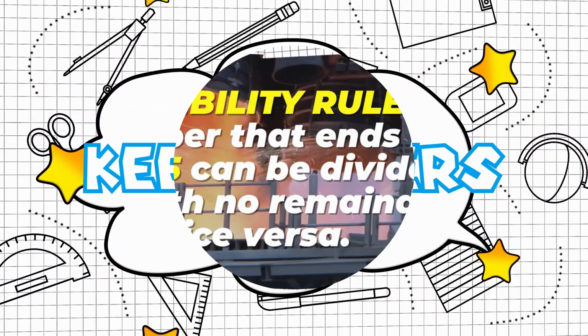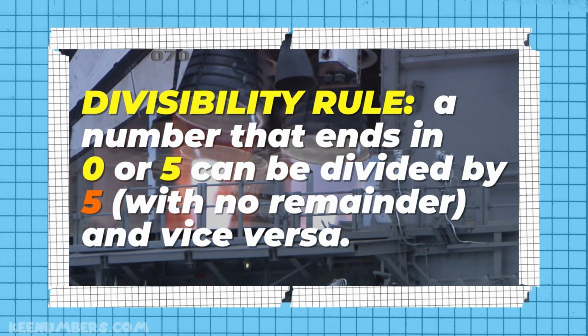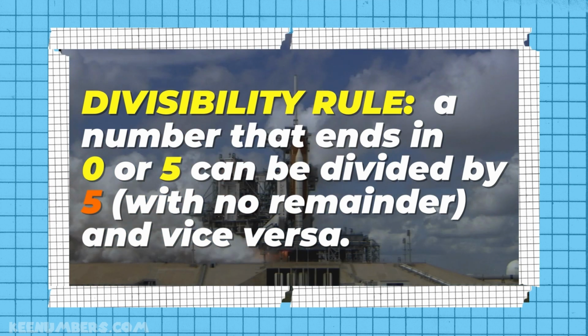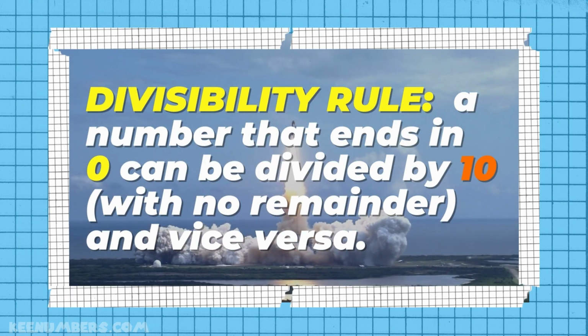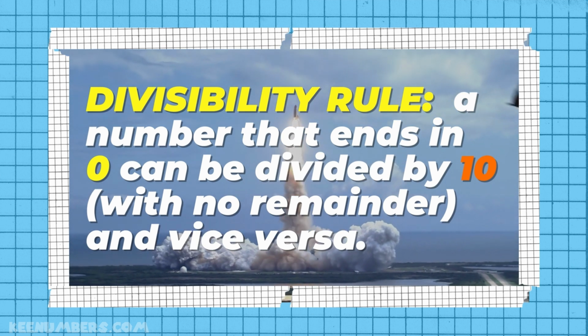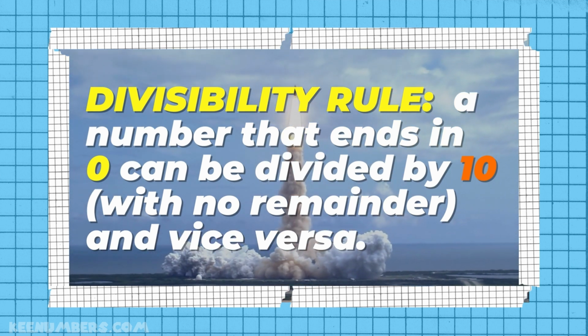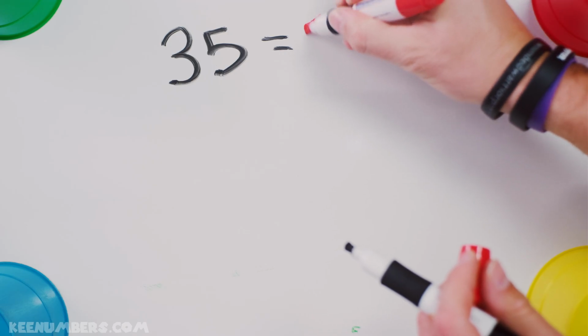If it ends in 0, you can divide by 5. If it ends in 0, you can divide by 10. If it ends in 5, you can divide by 5.